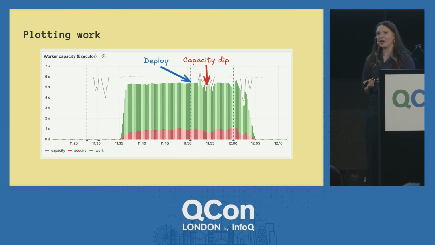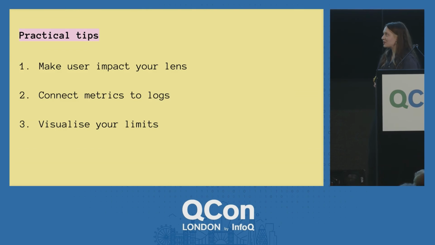So having these live limit metrics gives you the confidence that you're actually working with the capacity that you think you have. So those are our tips. And these make it super easy to build useful dashboards, and they're things that you want every engineer to know about when they're contributing to your code base.